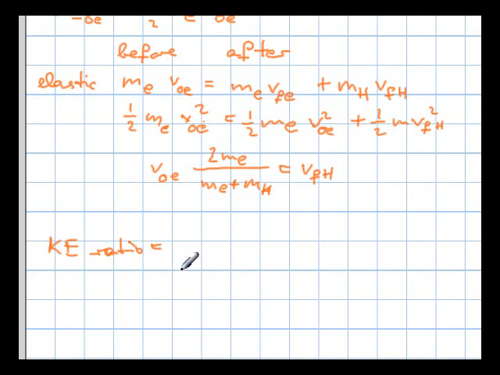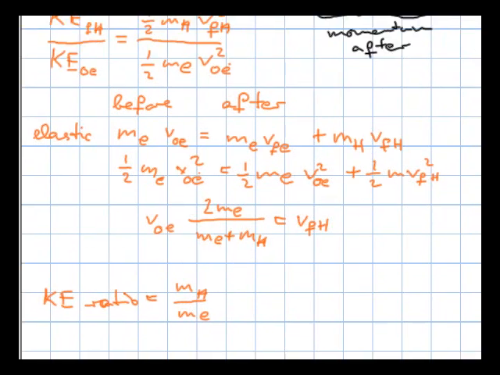The 1/2 is already gone, so mass hydrogen divided by mass electron, times the square of the two velocities. So I square everything, and then I divide by the square of that electron velocity.